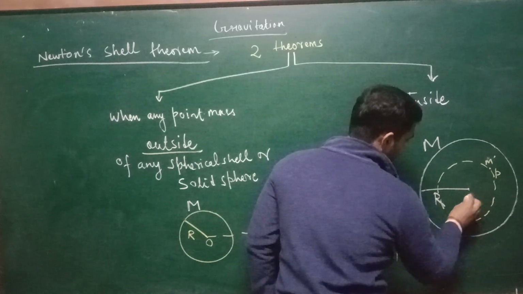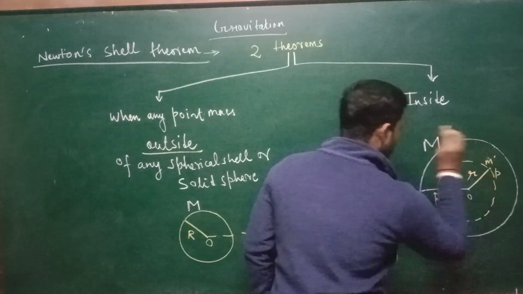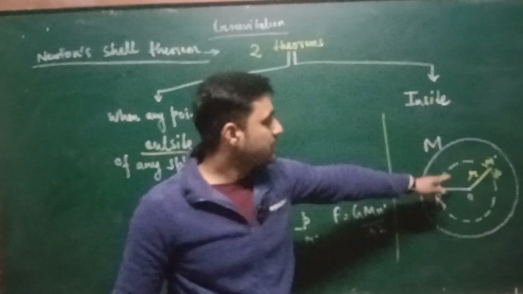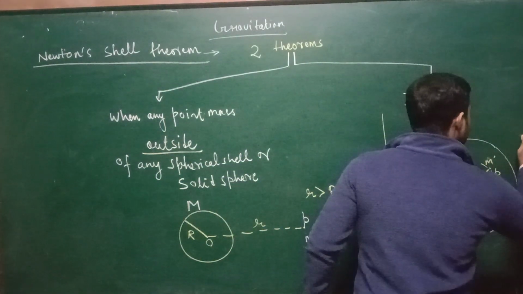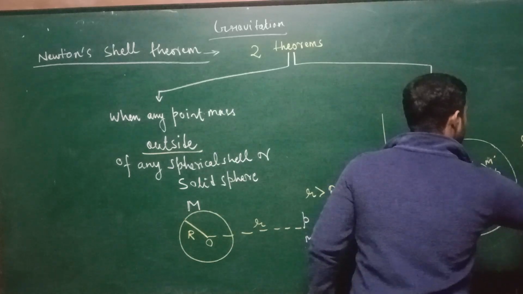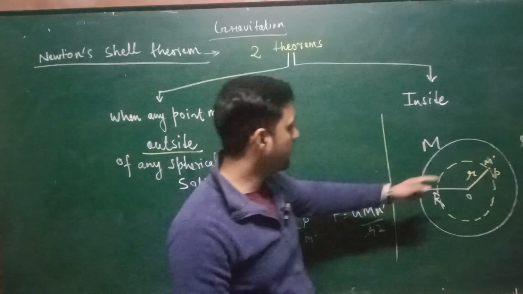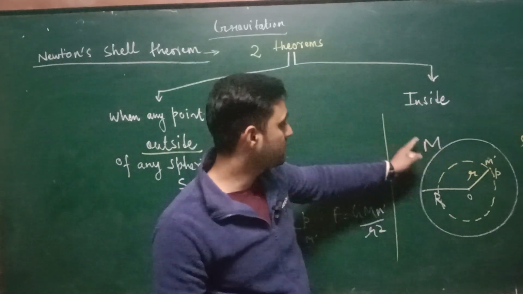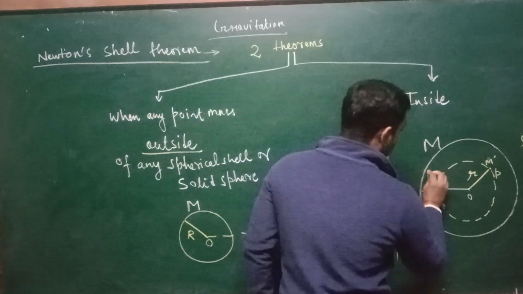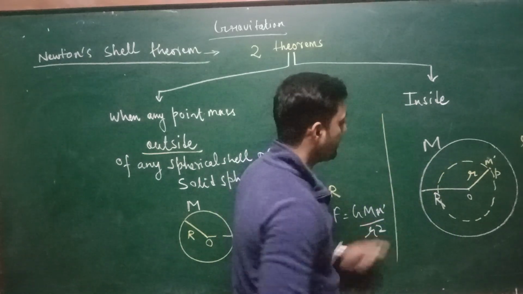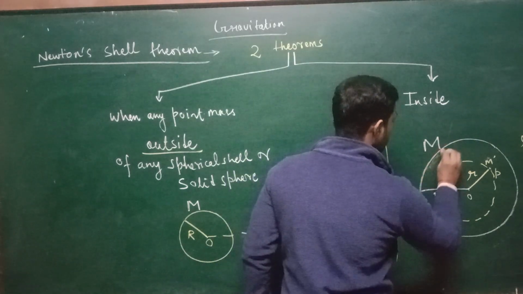As you can see, small r is lesser than the capital R. So what will be the force experienced by this m dash mass due to the presence of this bigger shell? Actually, this outer mass, which is outside the imaginary dotted shell, will be neglected. We have to neglect this mass.